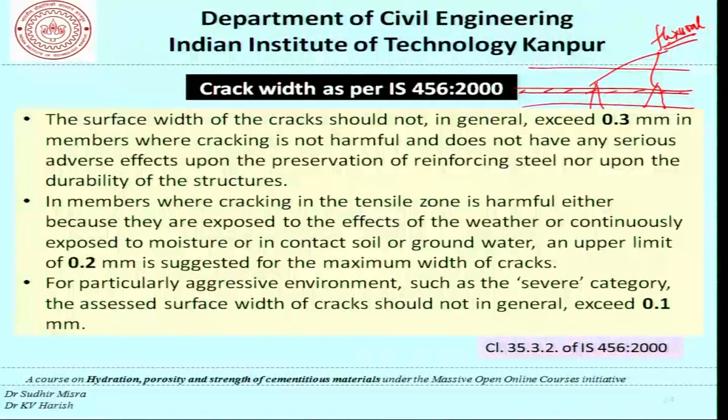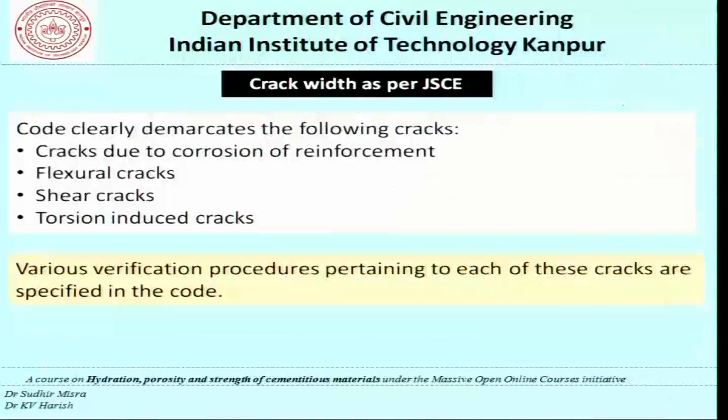Now, these cracks have varying depths as we move from the surface of the concrete inside, and what we are talking about here is the surface width of these cracks, and this is what is not allowed to exceed 0.3 millimeters. And more details are given on this slide, and you can refer to them as we move forward.